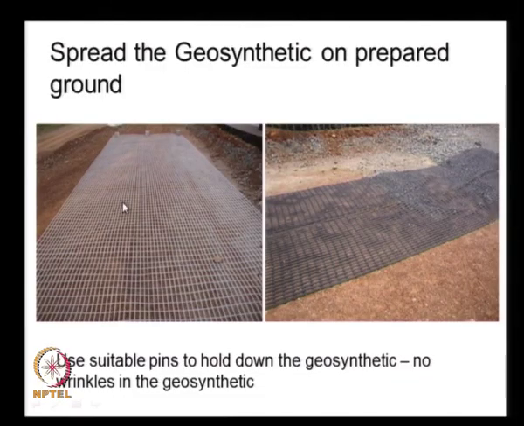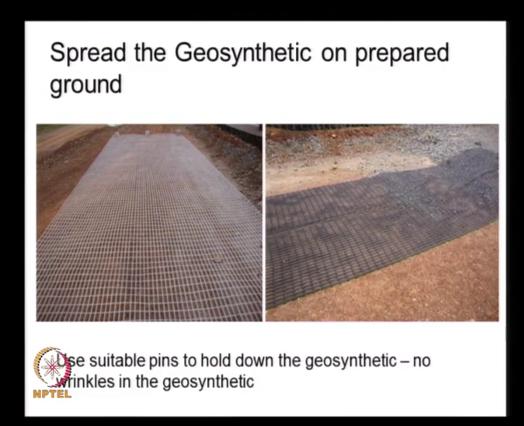And it is also very important that when we spread the geotextile or a geogrid, there should not be too many wrinkles, there should be some tension given, so that right from the initial loading itself the geosynthetic is subjected to tension.